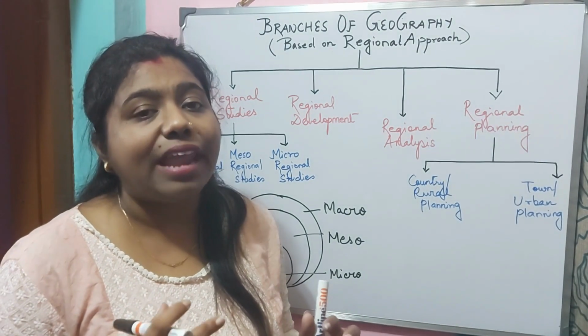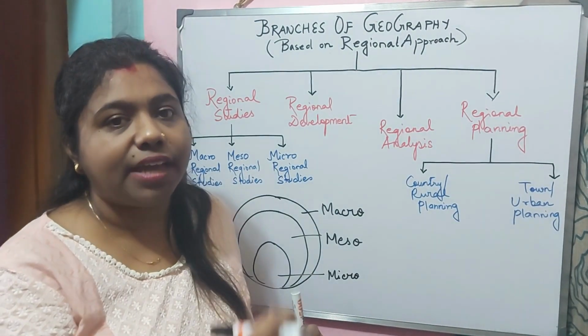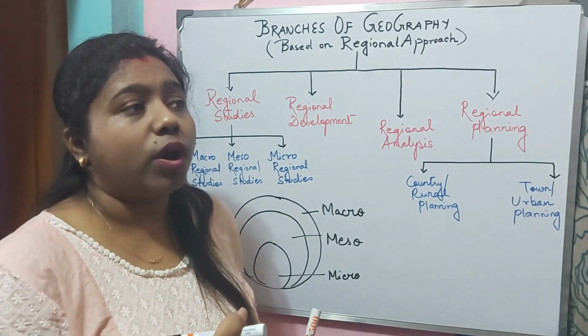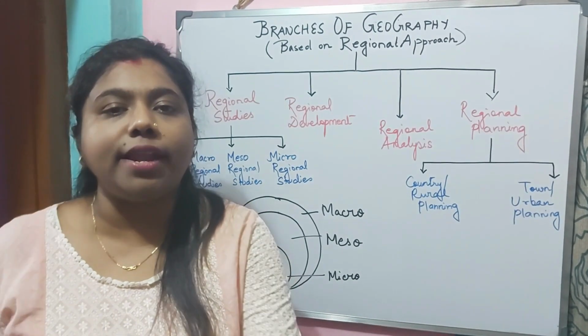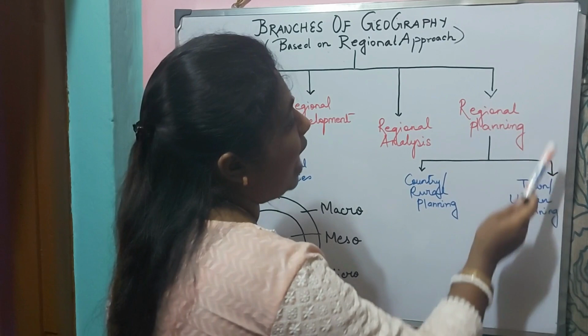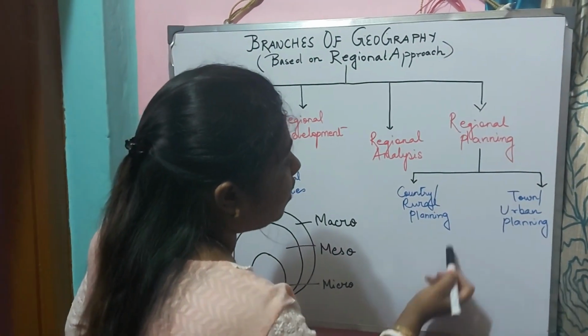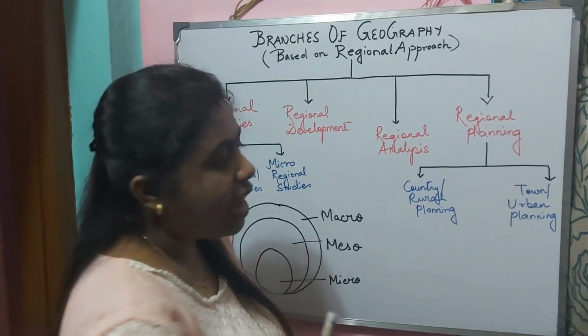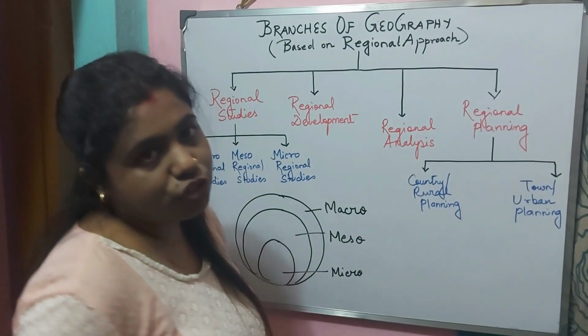That means to analyze the regions, to identify the features or the uniqueness of a particular region which differentiates it from other regions. Now, regional planning. What is regional planning? To plan at the rural level, that means the village level, and planning at the urban level, right? That is called regional planning.